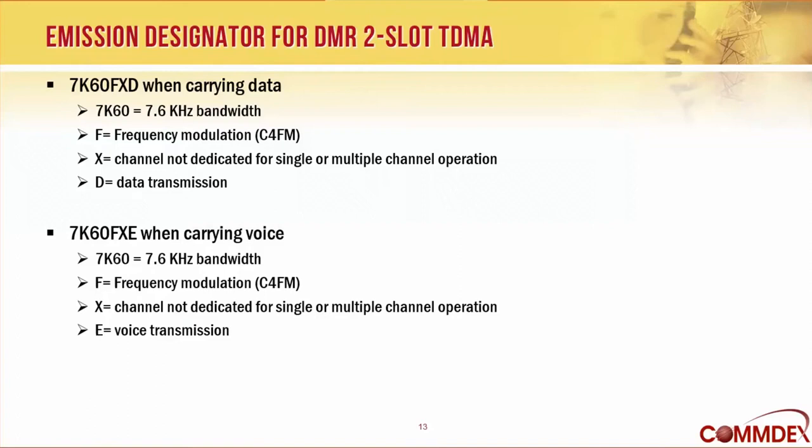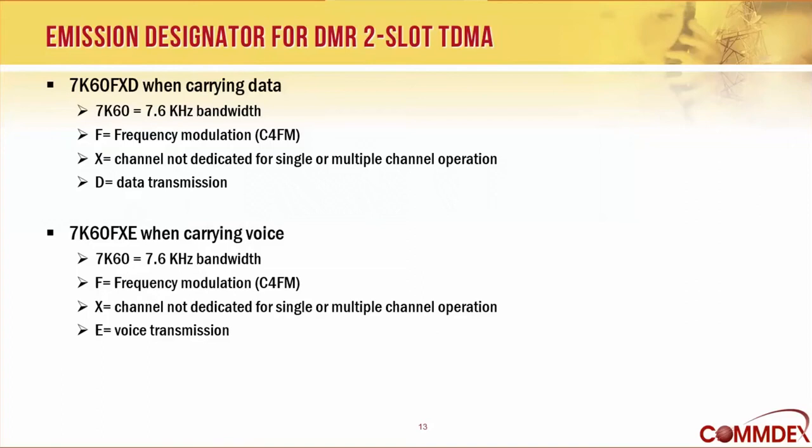I mean, it can carry either single or multiple channels, depending on what mode it's operating in. So that's why this becomes an X. And D means it's carrying data. Now, if it's carrying voice, only one character changes, and the D changes to an E. So everything else is the same, except it's carrying voice, and the E means it's carrying voice transmission.